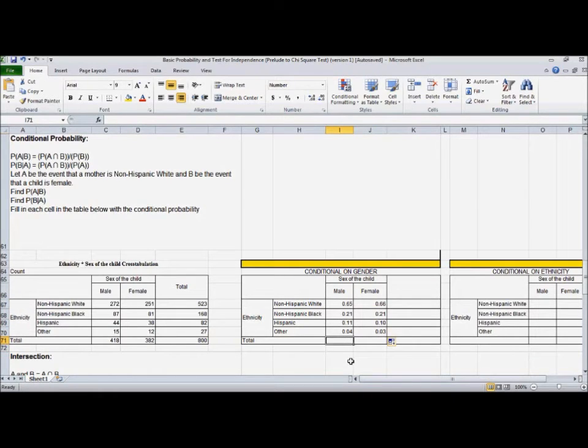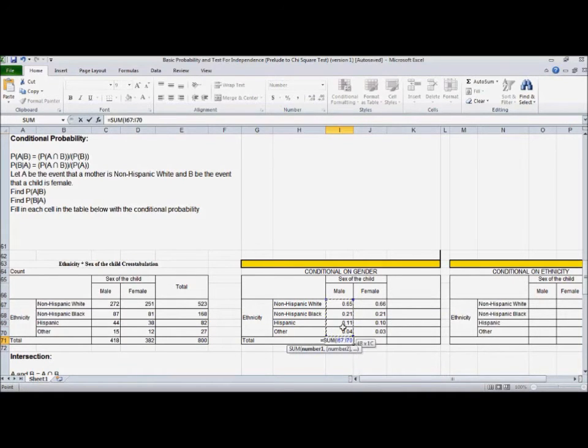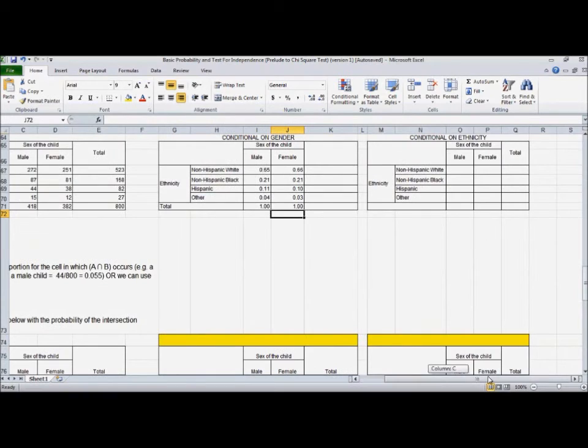Now again, what does that need to sum to when we're dealing with conditional probabilities? To 1, right? So let's confirm again, it sums to 1, and let's confirm that this sums to 1, right? Okay, to 1. Now we could again look at, let's say, conditioning on ethnicity. So now we're saying A given B, where B, for example, is non-Hispanic white and A is male.